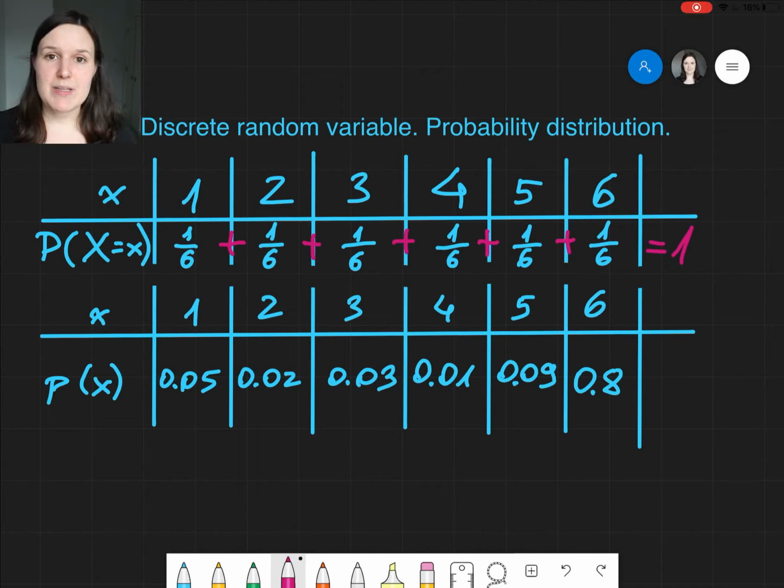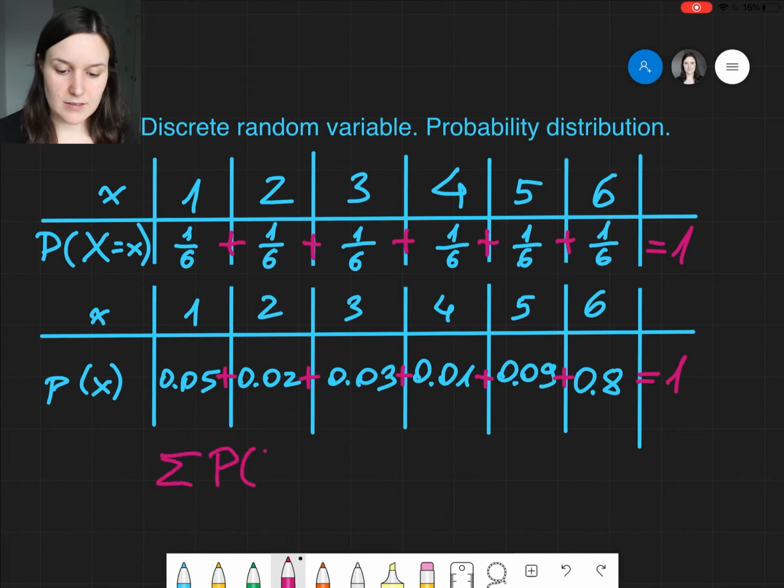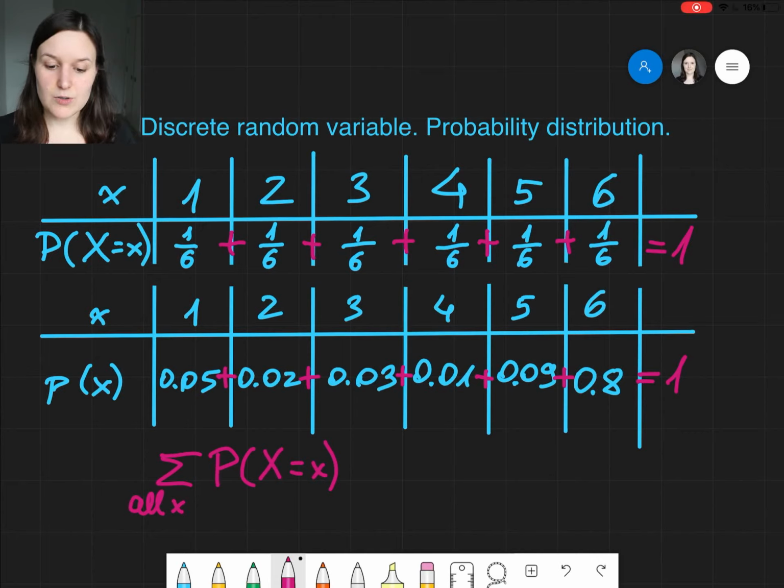And the same will happen in any probability distribution. If you just add all of the probabilities, the result is 1. So that's the observation that we have to remember here. If you add the probabilities for all x's, for all the values, then the result is 1.